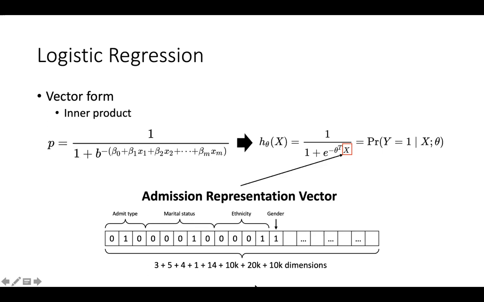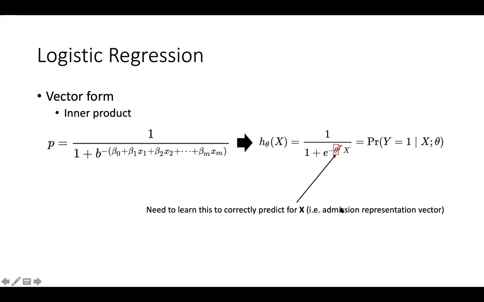So this is X, and there's a corresponding Y. What we want to do is learn or estimate the theta values that best capture the relationship between all the X samples and all the Y samples. I need to learn this to correctly predict for X, or to correctly explain for X, which is semantically the same thing.